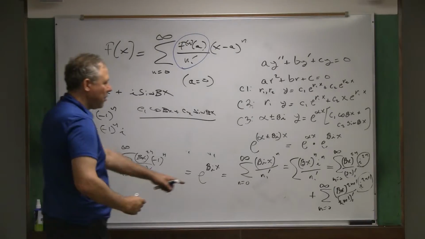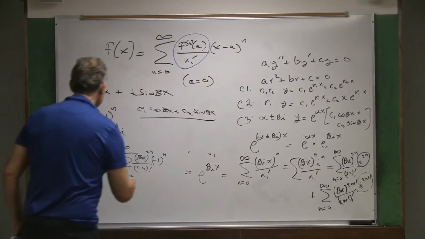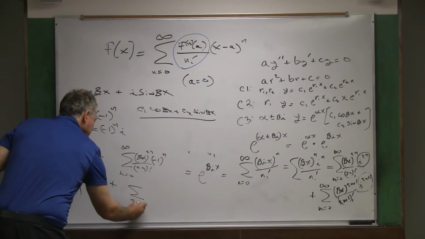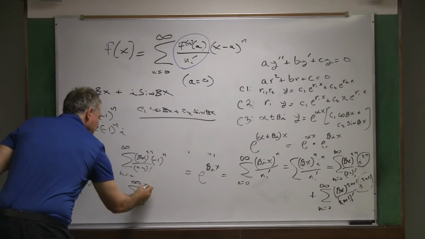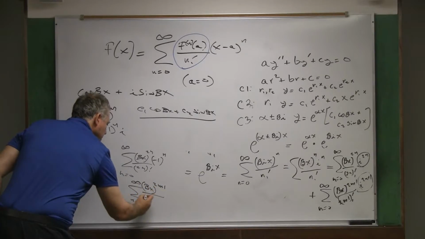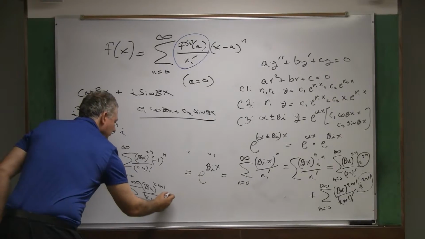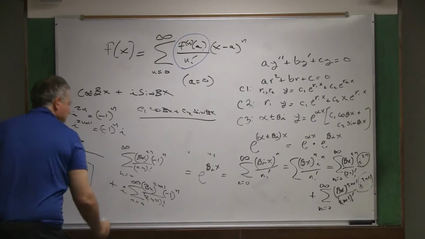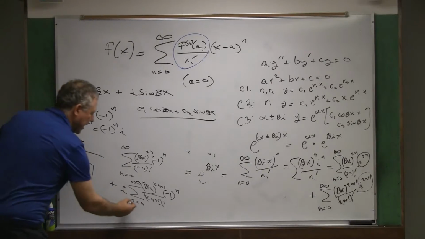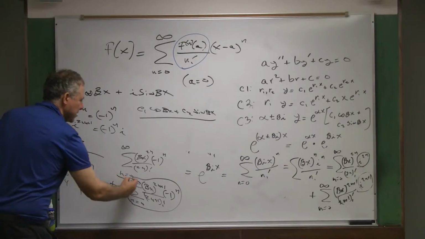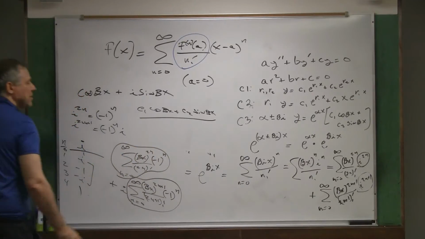And then we're going to be adding in the sum from n equals 0 to infinity of (beta x)^(2n+1) over (2n+1) factorial times (-1)^n. We can put the i out front. Now you recognize this, that's just your cosine beta x, and that's just your sine beta x.